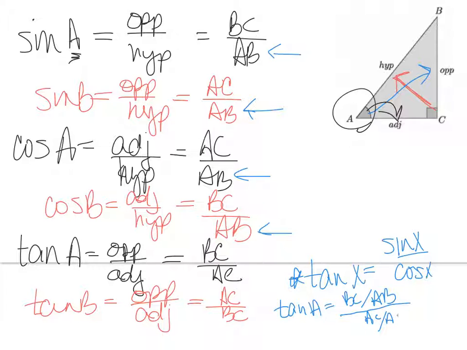The AB's cancel out and you're left with BC over AC, right there. But we'll do that again. I just wanted to briefly introduce it to you right now.